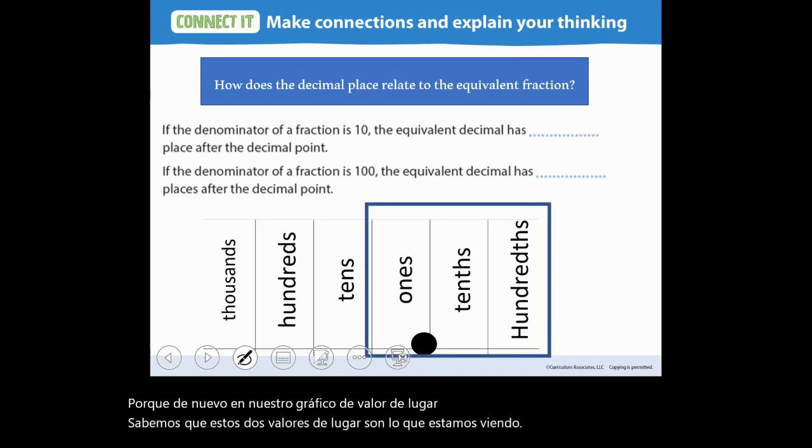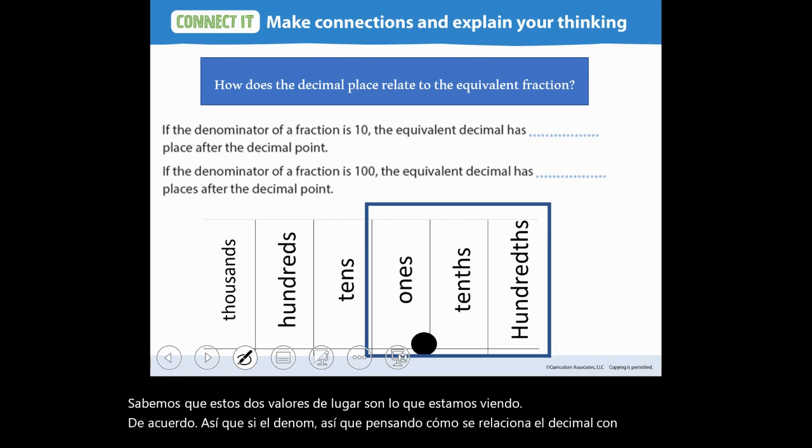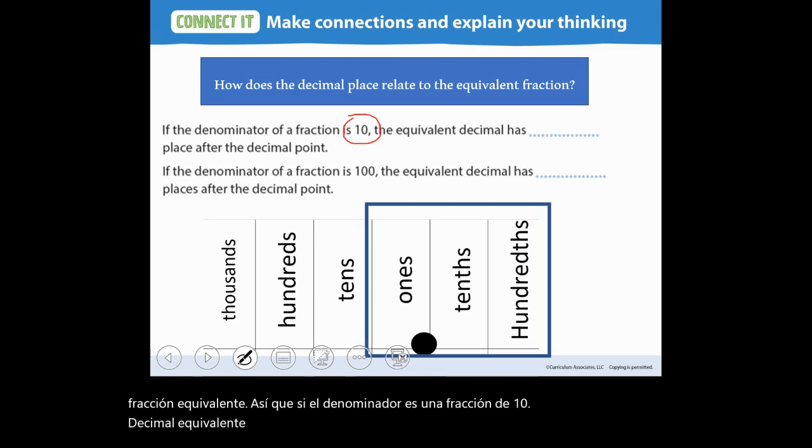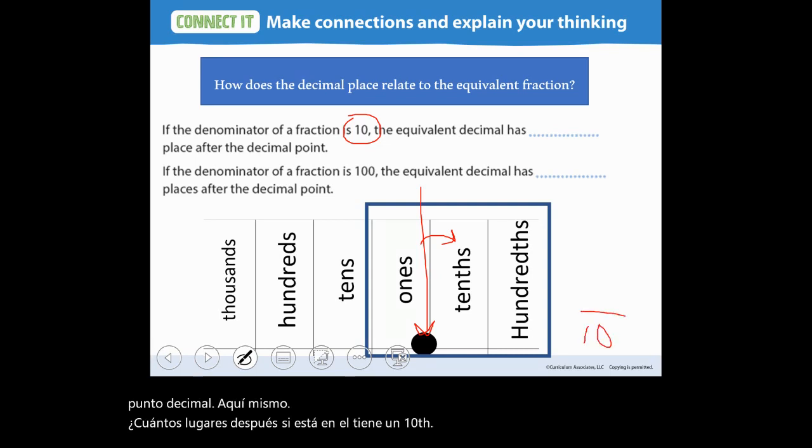Okay, so if we're thinking, how does the decimal place relate to the equivalent fraction? If the denominator of a fraction is 10, the equivalent decimal is how many places after the decimal point? Well, here's our decimal point right here. If it has a tenth as our denominator, it's one place past the decimal point.